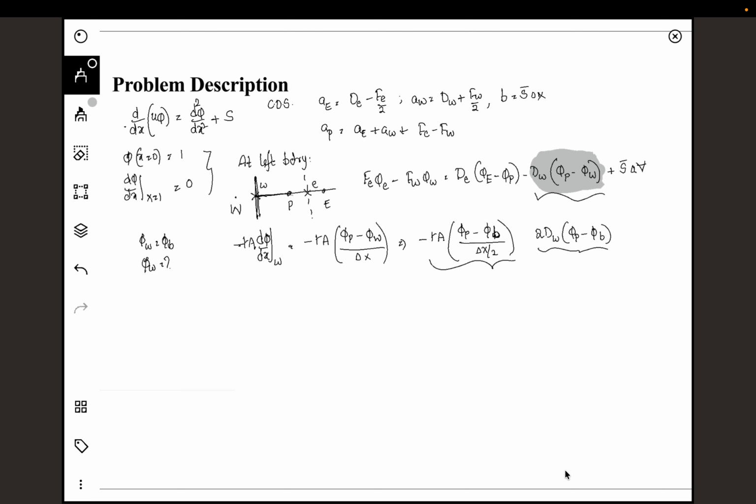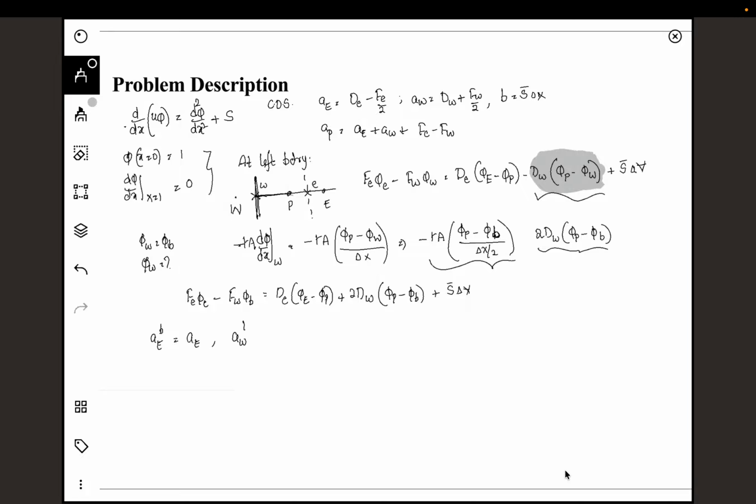So the governing equation now becomes Fe phi e minus Fw phi b. This equation remains the same, but now I have an additional Dw term coming here, plus the source term remains the same. If I were to compare the coefficients from this with the other one, my east coefficient remains unchanged, same as before.